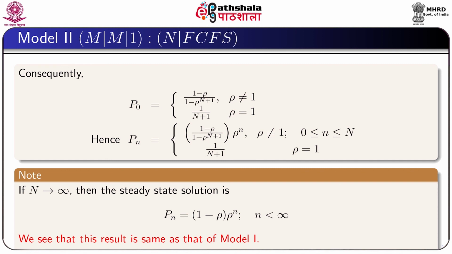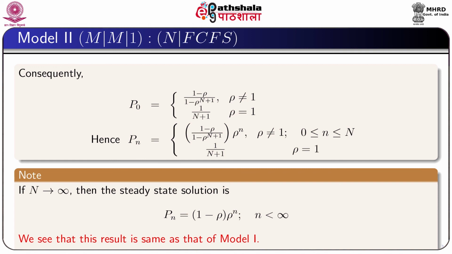Hence, we have P_n equal to (1 minus rho) divided by (1 minus rho to the power capital N plus 1) into rho to the power n, where rho is not equal to 1 and n lies between 0 and capital N, and P_n equal to 1 by (capital N plus 1) for rho equal to 1.